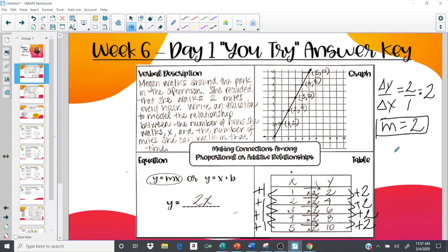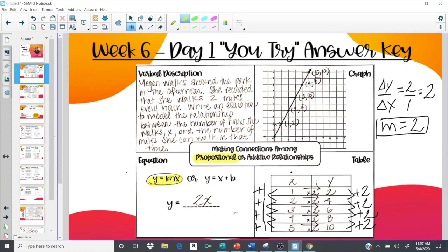From there, we can write an equation. We know we're going to use the equation y is equal to mx, where m equals the slope. Our relationship is a proportional relationship. 2 represents our constant rate of change.